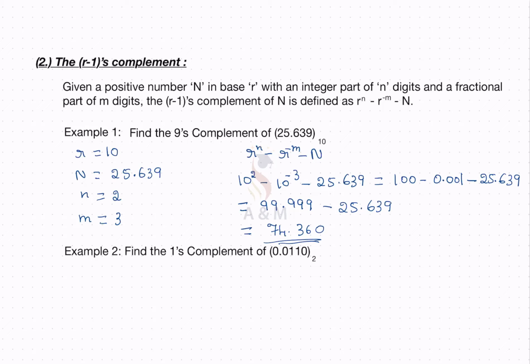Example 2. Find the ones complement of 0.0110 to the base 2.